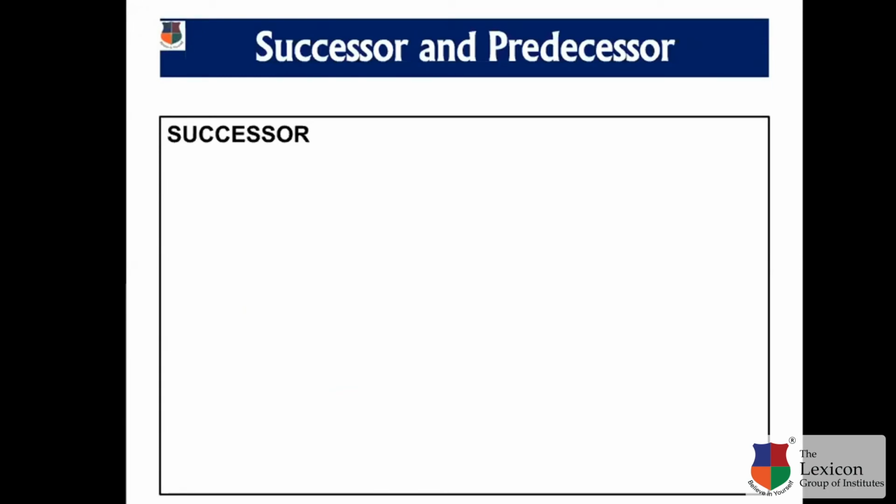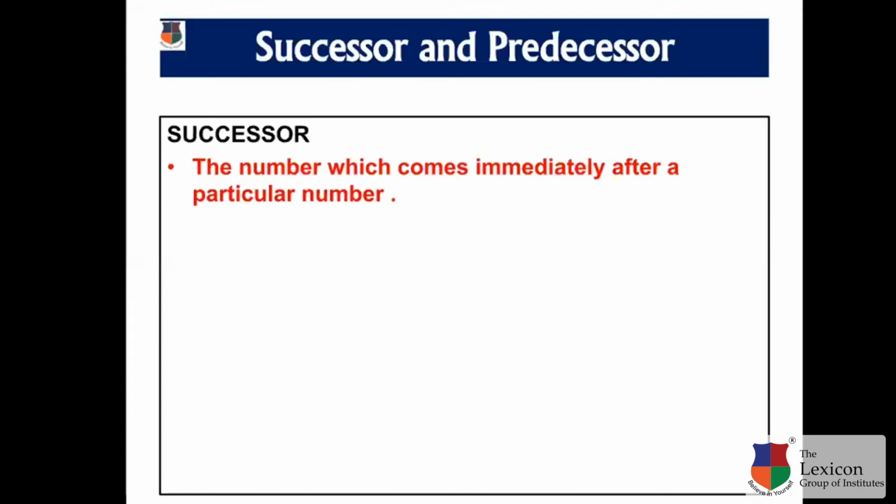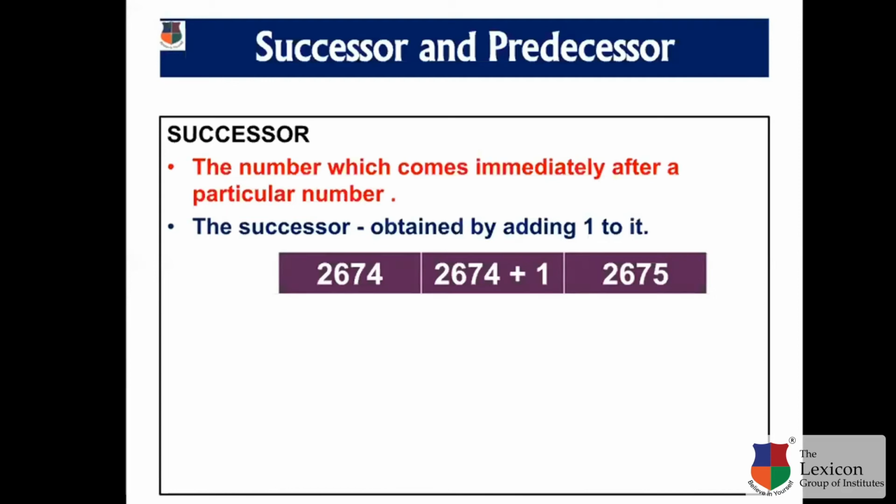So successor means one step ahead. Okay, this is plus 1. Look at the definition: the number which comes immediately after a particular number. The successor is obtained by adding 1 to the given number.